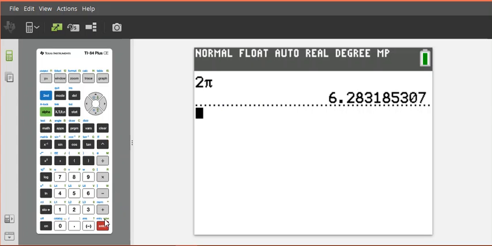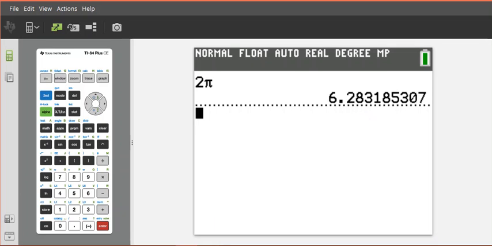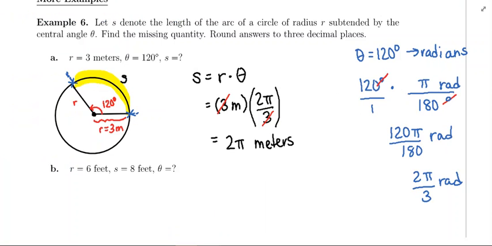That'll give me the decimal expansion, and we're rounding to 3 decimal places here. Remember, when you say 3 decimal places, that means 3 places after the decimal point. So we've got 2, 8, 3, 1. Because we've got 2, 8, 3, and then the 1 means we should keep the 2, 8, 3 the same. We're not going to round up.